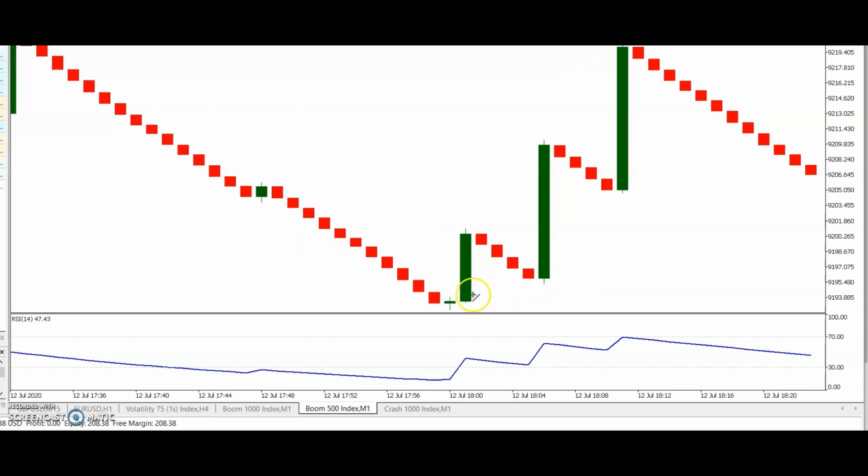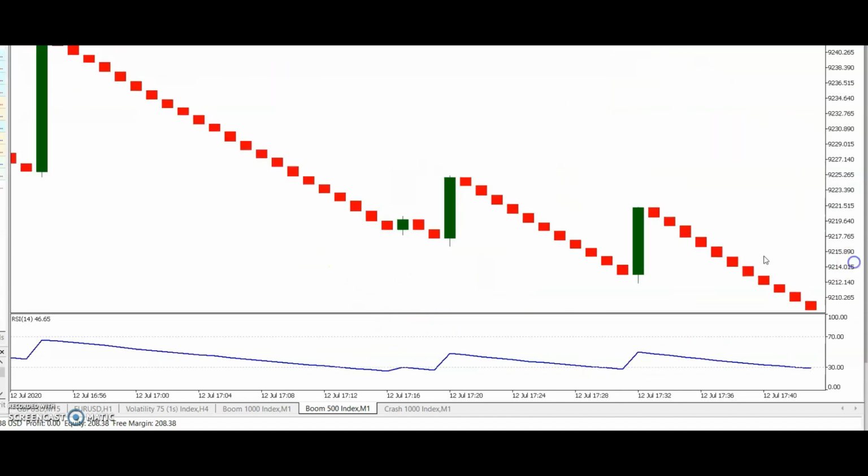Same thing. I identify my peak like this. This peak corresponds to this one. I draw my straight line below. My RSI is still above. Then I know as price is approaching this, I can enter into a buy because there's going to be a divergence.